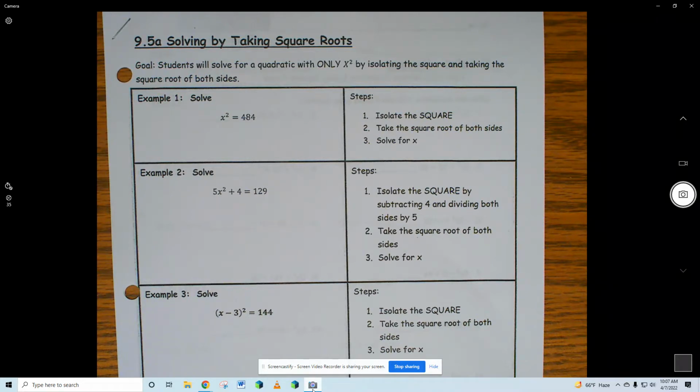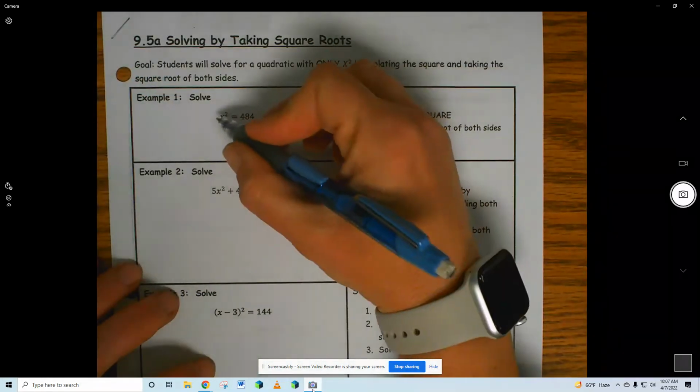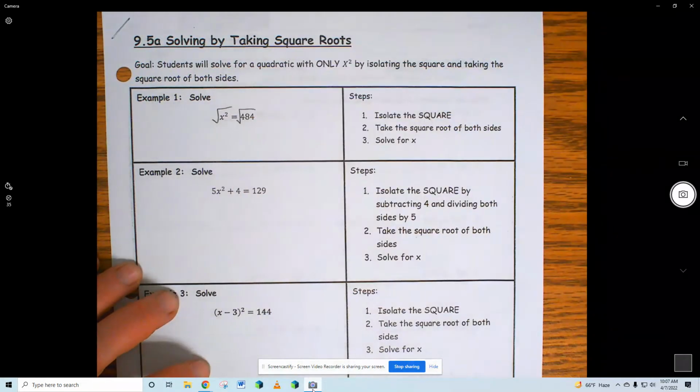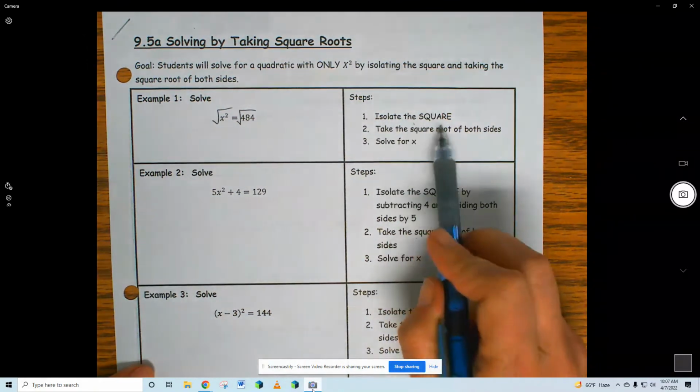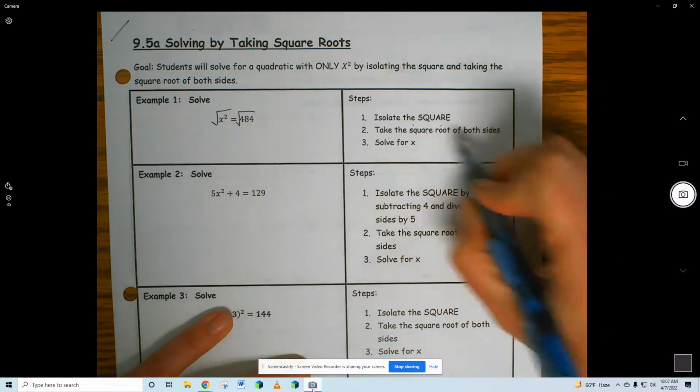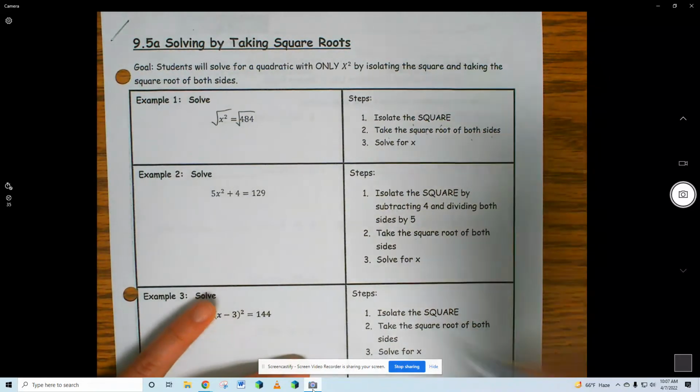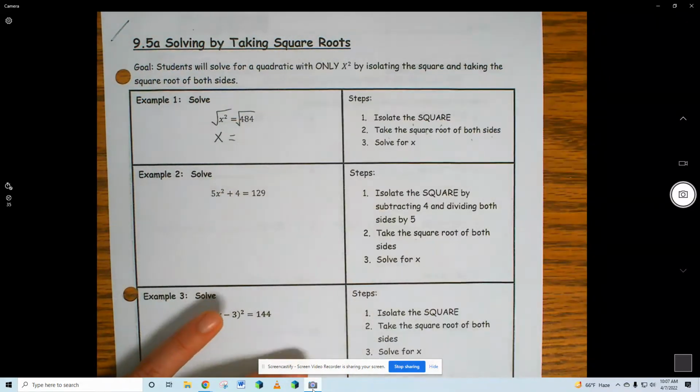So instead of just square rooting on example 1, the x squared equals 484, I'm going to isolate the square by taking the square root of both sides. And then I solve for x. 484.